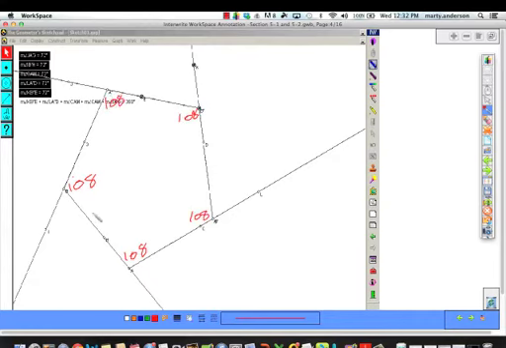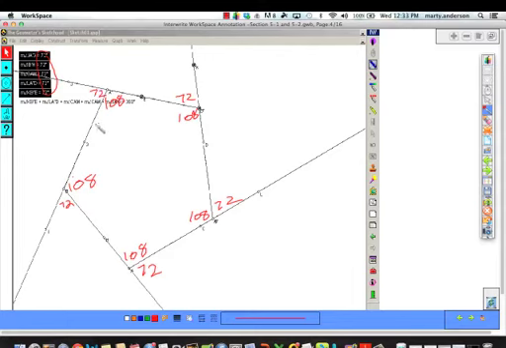If all of these are 108, each of the individual exterior angles, remember an exterior angle will form a linear pair with its adjacent interior. So 108, and that makes this 72. Look up here. Each of these angles is 72. Shouldn't be surprising because they're a linear pair with those interior angles.